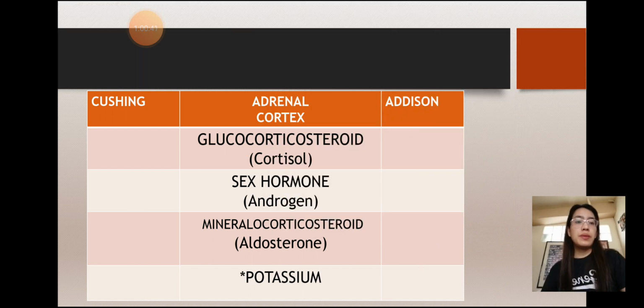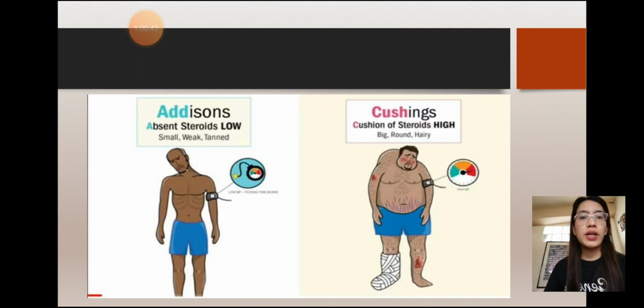Okay. So, ito yung ating Addison. Addison, steroids ay mababa. So, nagkakaroon ng alopecia, meron silang hypoglycemia, hyponatremia, tapos, bronze skin discoloration.